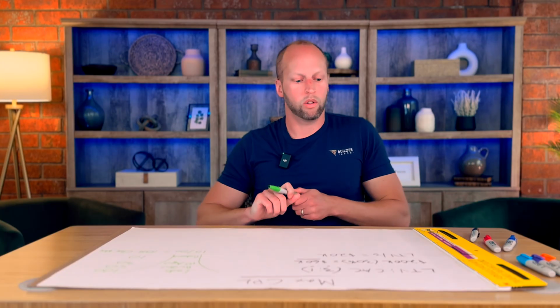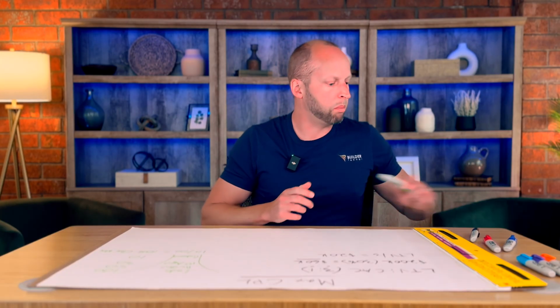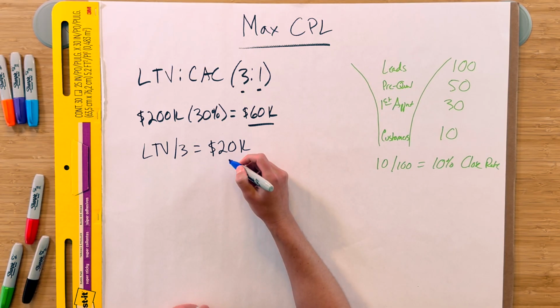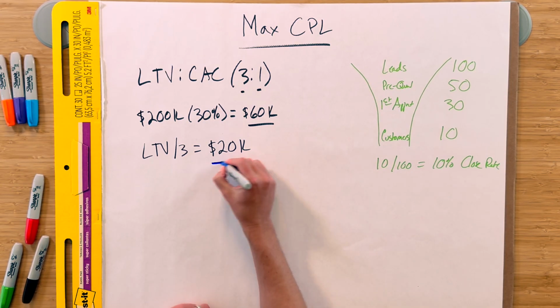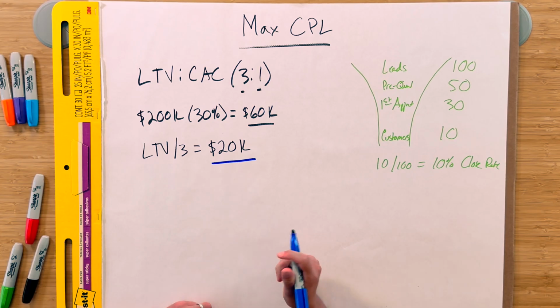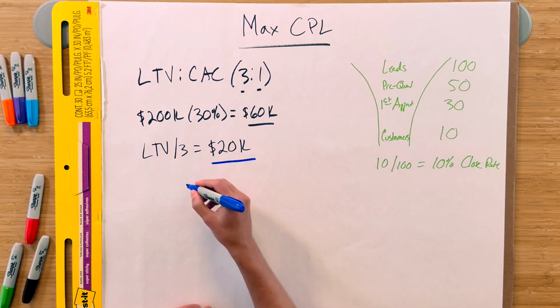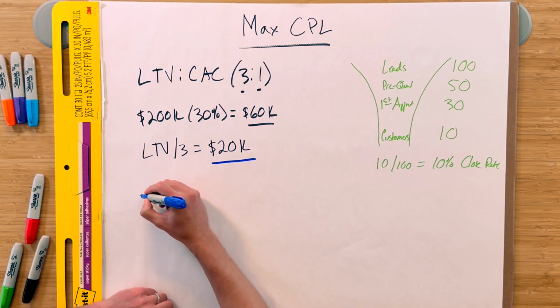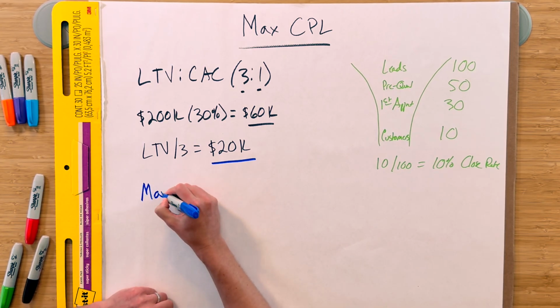Okay, so now that we've got that, we can go back to our most we can acquire a customer for, which in this case was $20,000. So we're going to take our $20,000. So if you want to get your max cost per lead, this is the equation.